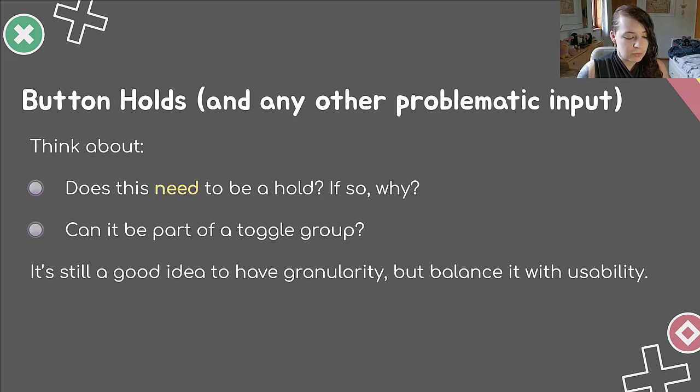So think about broader options that can allow you to kill many holds with one toggle. It's still a good idea to have granular sub-options, but for usability, combining similar actions into one can help to avoid a big long list of toggles by default. And again, you can apply these questions to all kinds of problematic inputs, not just holds.